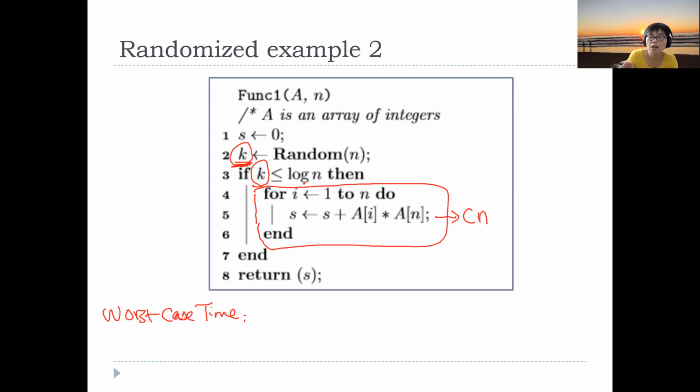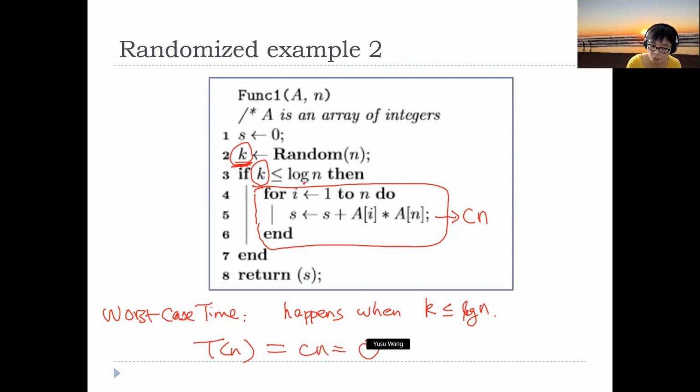But if k is smaller than log n, then you have to run this linear time subroutine. So the worst case happens when k is smaller than log n, and in that scenario I have to run the code from line 4 to 6. So the running time in that case is c times n, which is linear. This is the worst case time complexity of this algorithm.